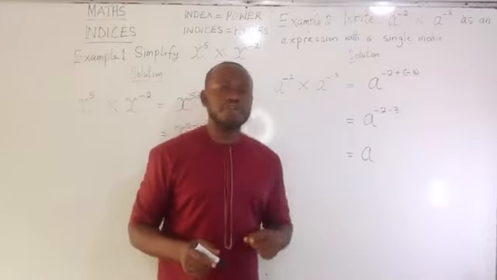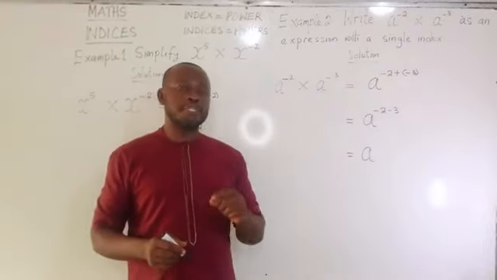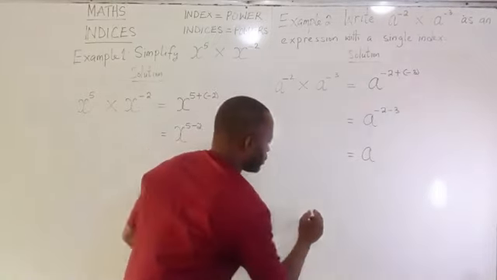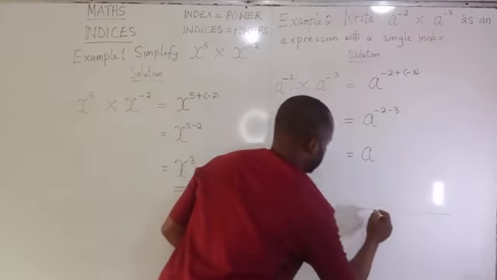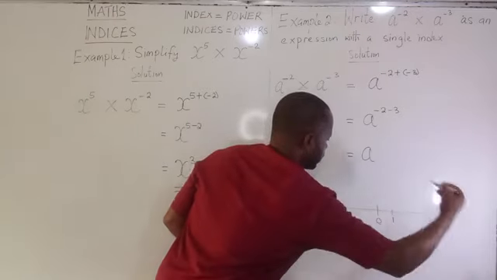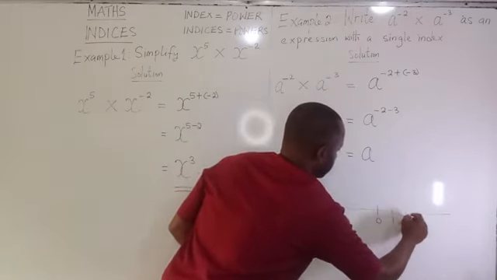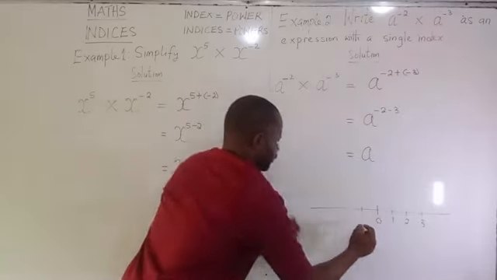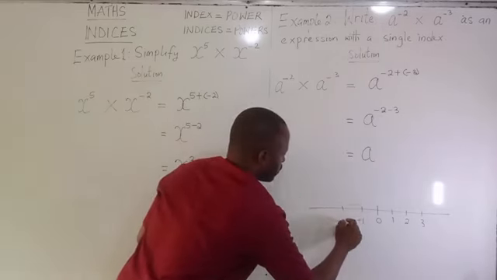Do you remember in your JSS1 when you studied number line that you were taught something like this? The number line. Here is 0. All the numbers on the right hand side of 0 are positive numbers. Do you remember that? And then all the numbers on the left hand side are called negative numbers.